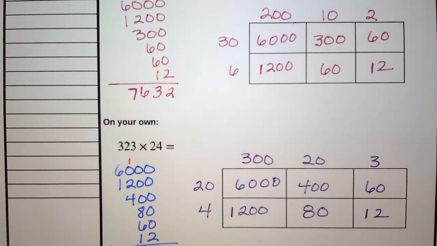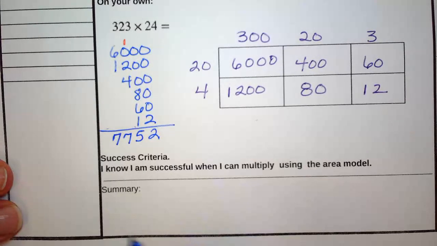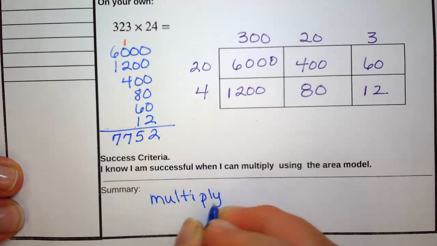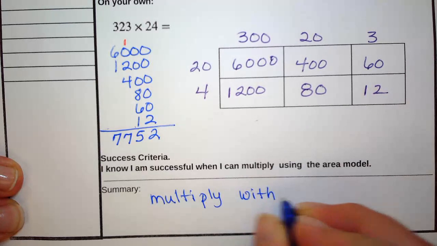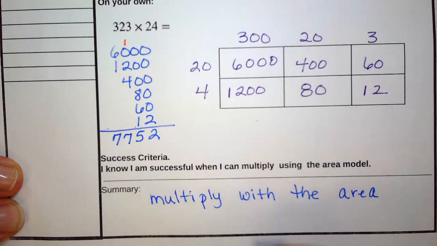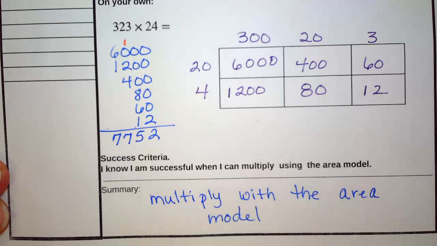So 323 times 24 is 7,752. How do you know when you're successful? You know you're successful if you can use the area model to multiply. So you are multiplying with the area model.